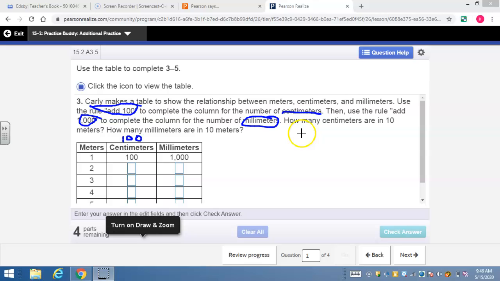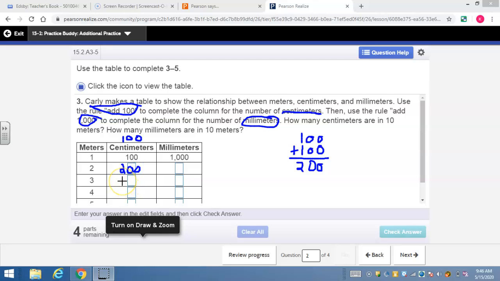Now I could write it out, 100, and then I have to add 100. Okay. But I think that you guys can probably count by hundreds without writing out the whole addition problem. So basically, I'm just doing 100, I add 100, 200.